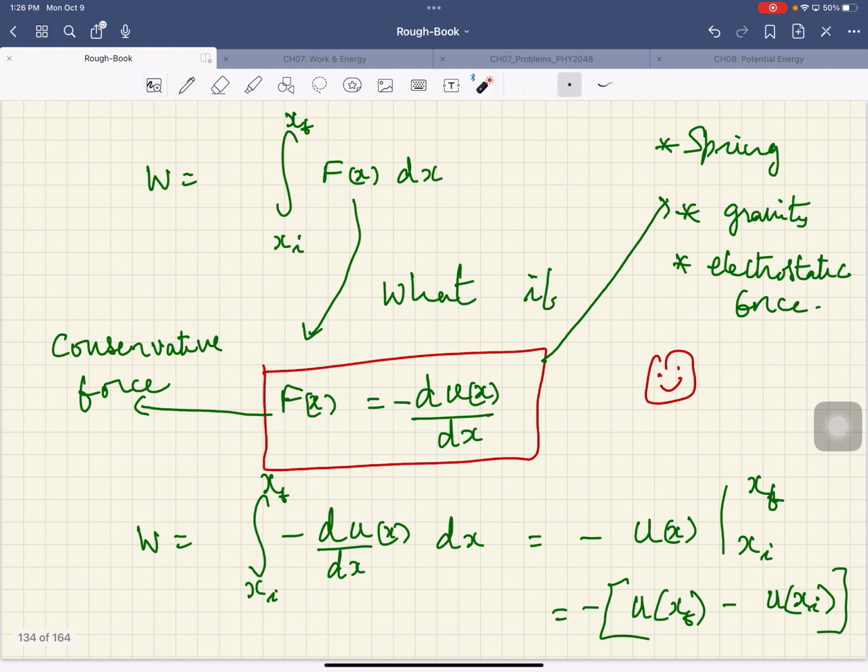Okay, so a force is conservative when it can be given as the derivative of a scalar valued function, and this function is called the potential energy function.